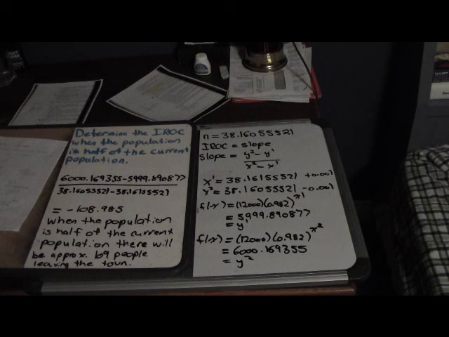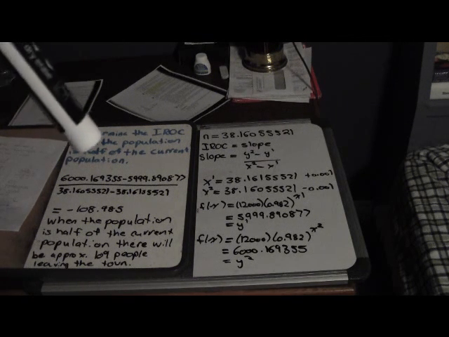So now you can simply plug your numbers into the equation to find the slope or IROC at when the population is half of the current population. So as you can see to the left side of the screen, that is where I did the calculation.